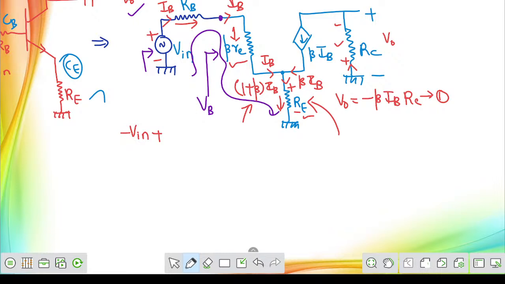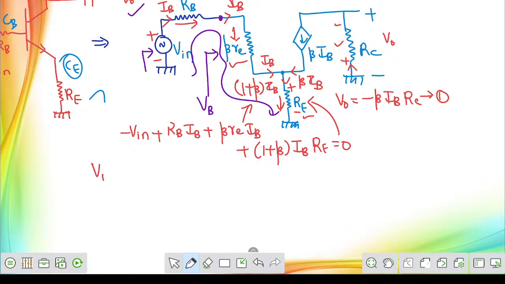Now if you are applying KVL, this will give you base resistance RB into base current IB plus the next one, beta times of RE into base current IB, plus 1 plus beta times of base current IB into emitter resistance RE, equal to 0. Successfully we wrote the expression for the loop.